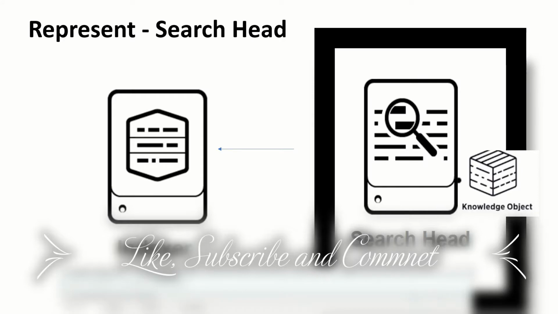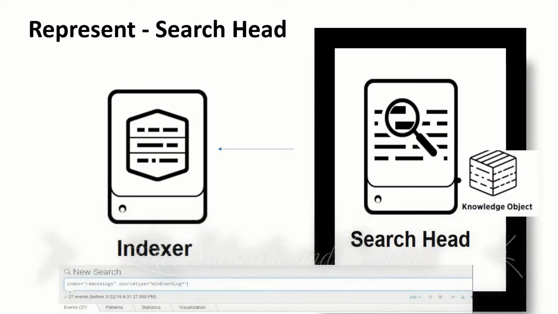It distributes user search requests to the indexers. Whenever any user searches the data, it distributes among the indexers, however many there are, and pulls the data from the indexers. It allows all users to use the search head language to search the index data.